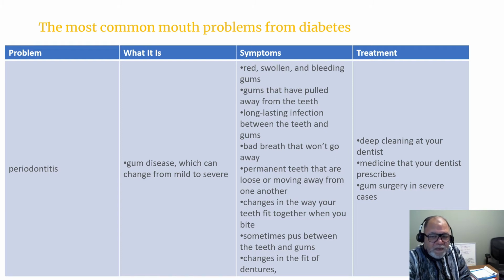The symptoms would be red, swollen, bleeding gums, gums that are pulled away from the teeth, long-lasting infection, bad breath that doesn't go away, permanent teeth that become loose or move away from each other, changes in the way your teeth fit together, sometimes pus between your teeth. It also impacts how your dentures and partials may fit.